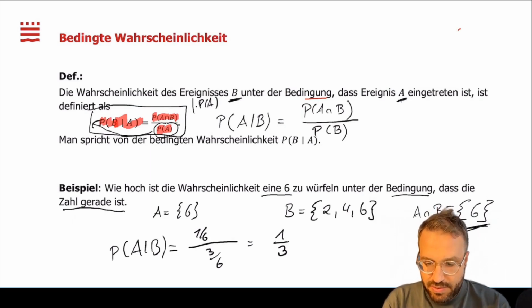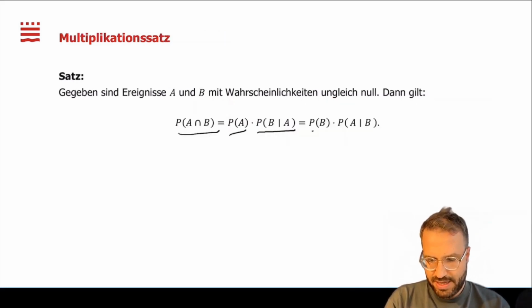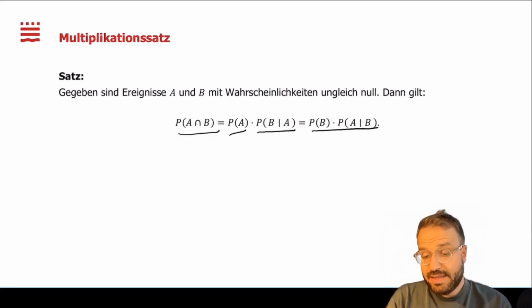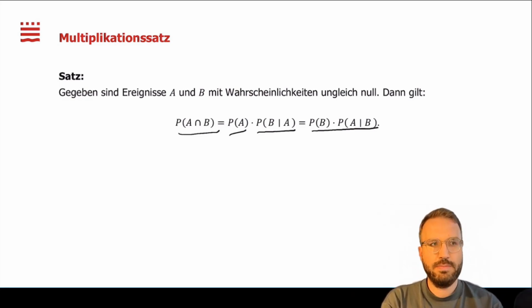And you can do the same with this formula. You can also multiply on this side, and then you will get this result here. This is often helpful when you want to determine P(A and B), and perhaps coincidentally have P(B) under condition A. This is the multiplication rule.